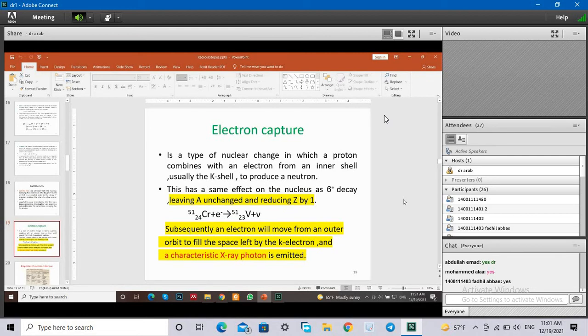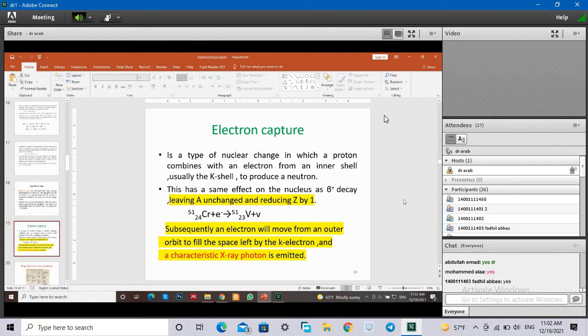Same as positive beta decay, in electron capture, the atomic mass number is left unchanged, and the number of protons is reduced by 1. In fact, in this reaction, one electron from the inner layer is captured into the nucleus and combined with a proton to produce a neutron.